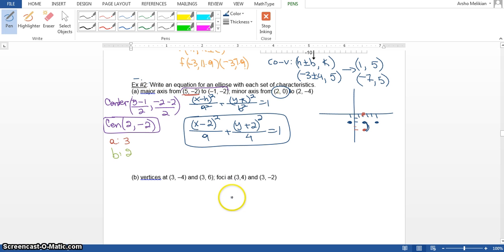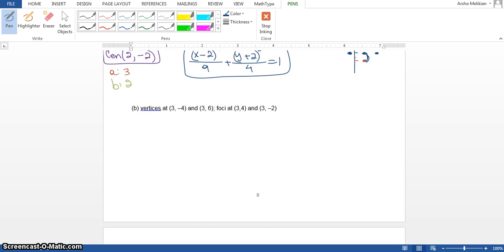Here, I'm given 2 vertices, (3, -4) and (3, 6), and I'm given foci at (3, 4) and (3, -2).